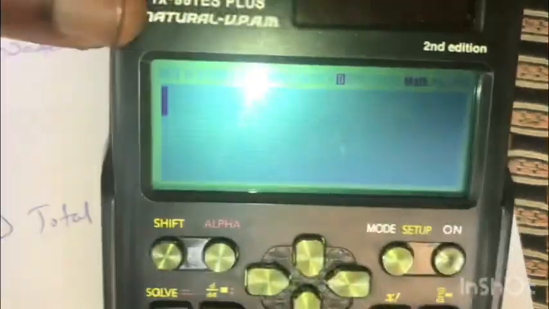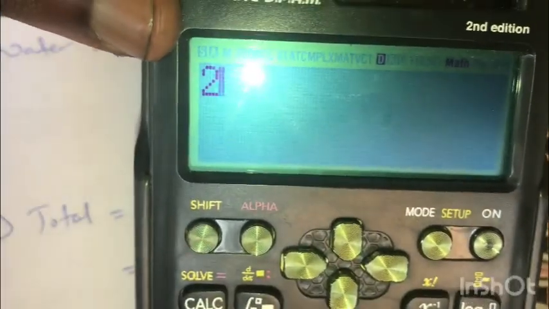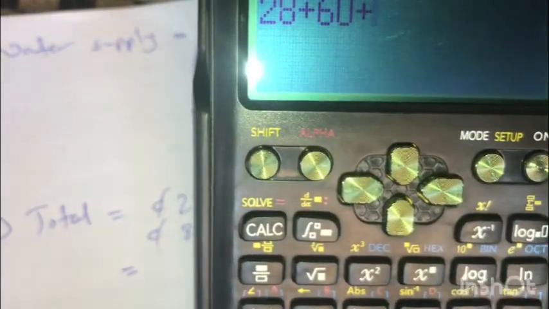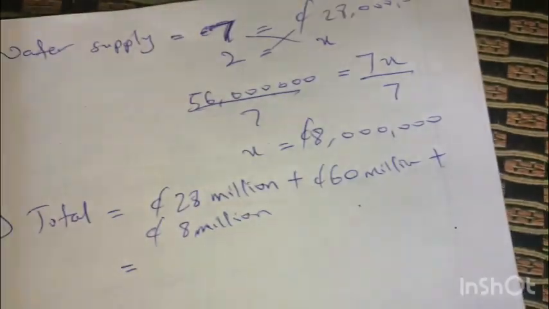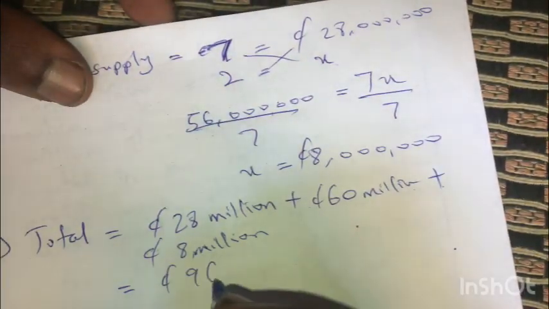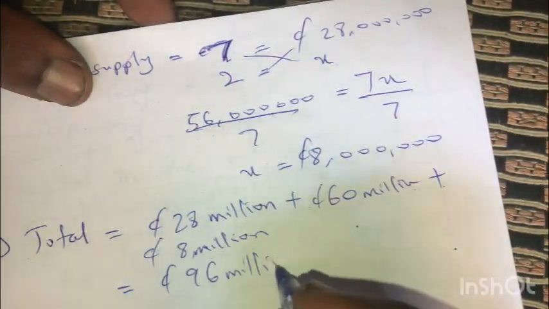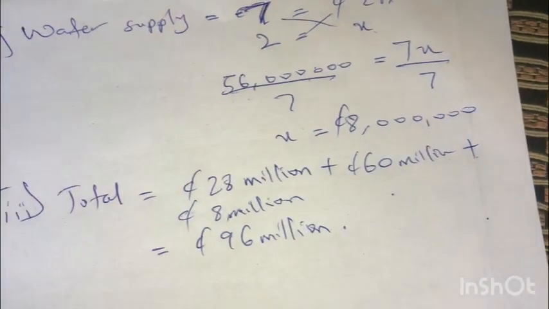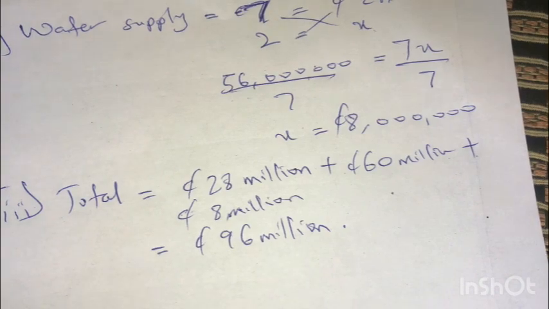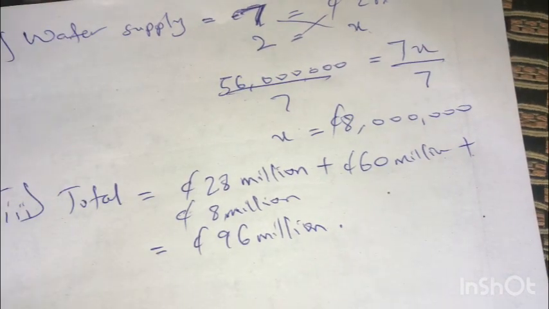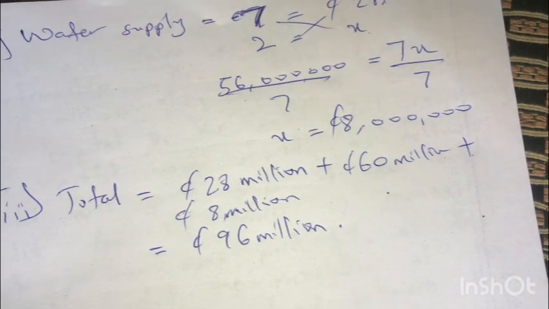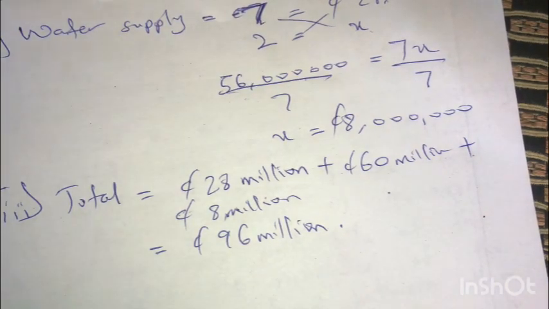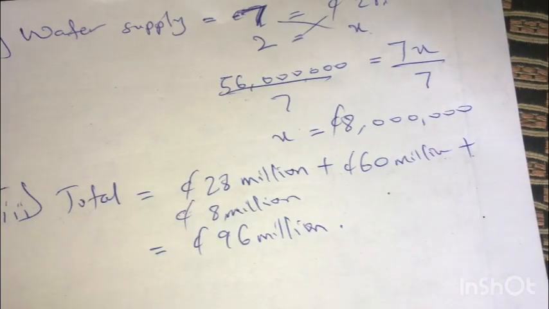You have to make use of your calculator. 28 plus 20 plus 8, 56. So 56 million Ghana cedis. That would be the total amount used for the expenditure, and it's very simple. If it's quite fast for you, you can slow the video down, or take your time and listen to it very well, and I believe you get everything.